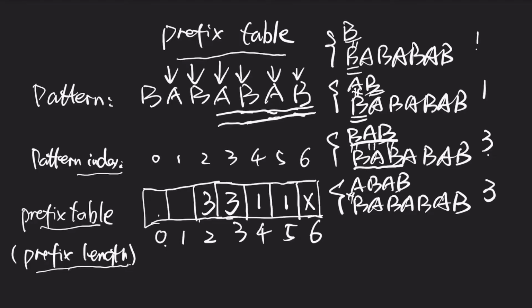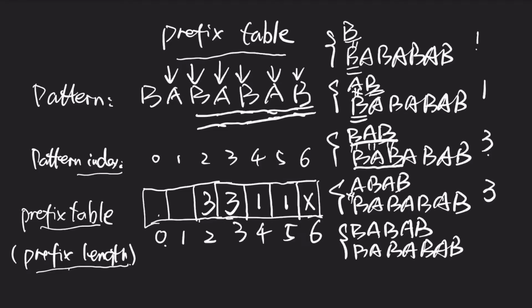And here, if the suffix is BA, BAB, compared with BA, BAB, the length of the suffix is B equal. It should be 5.